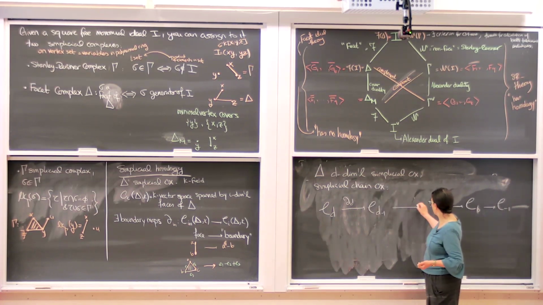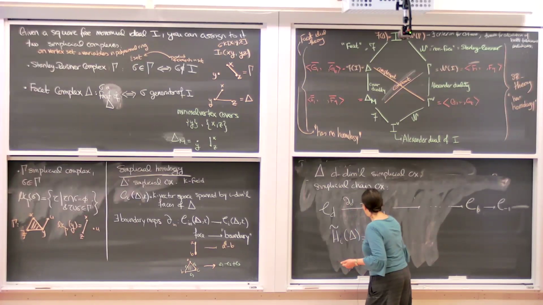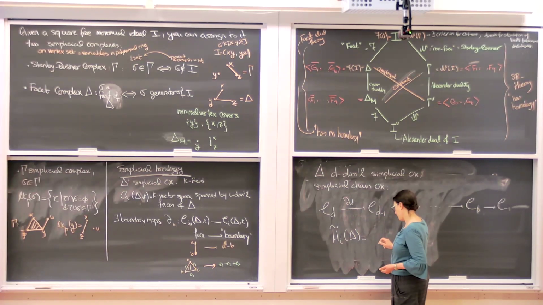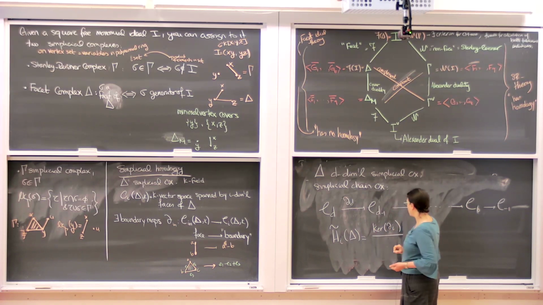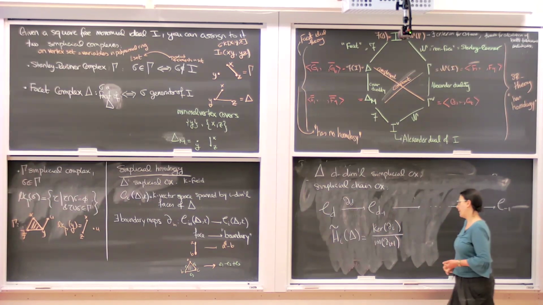And the homology of this is going to be the kernel of each boundary map mod the image of the previous boundary map.